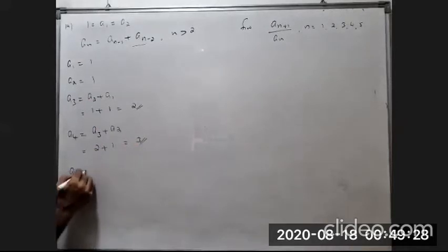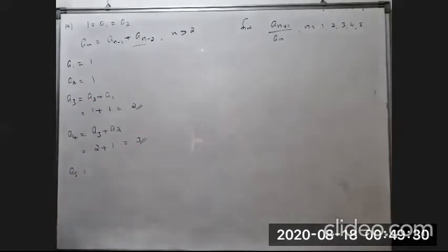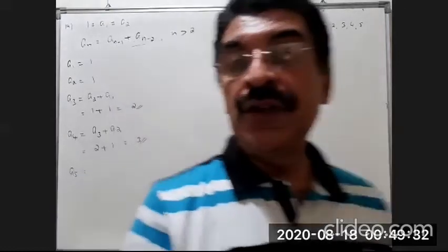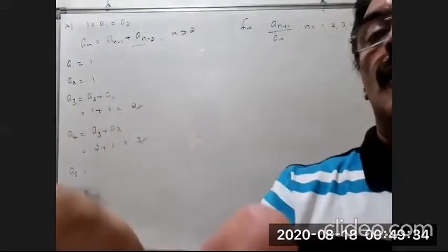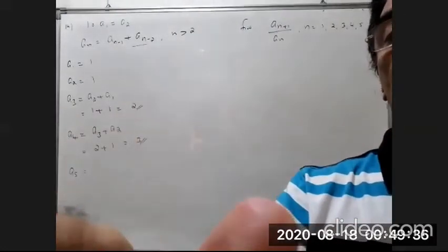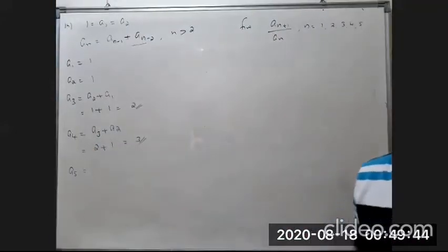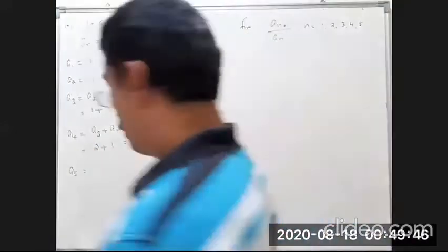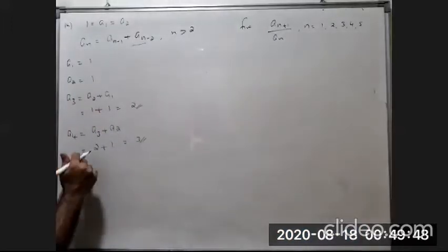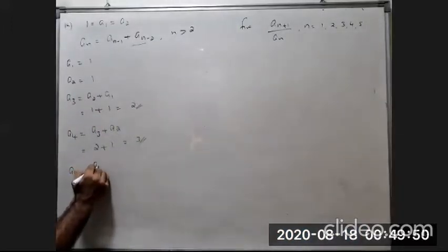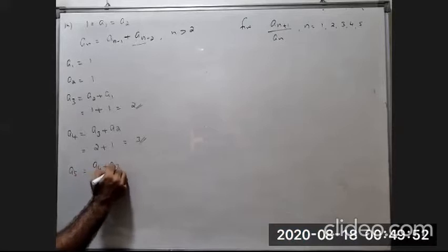a5, previous two terms. Write the previous two terms. Previous two terms means a4 plus a3.